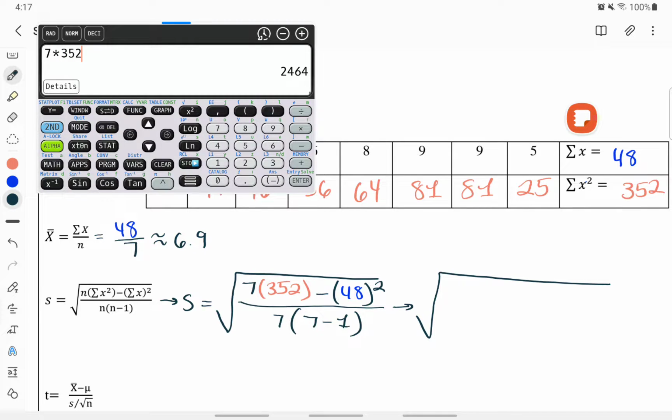7 times 352. That's 2464. 48 squared is 2304. Divided by 7 times 6, because 7 minus 1 is 6.